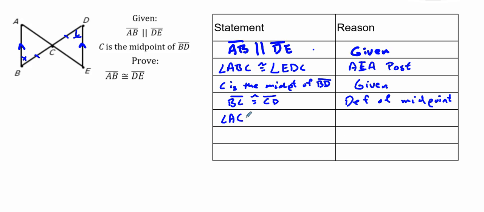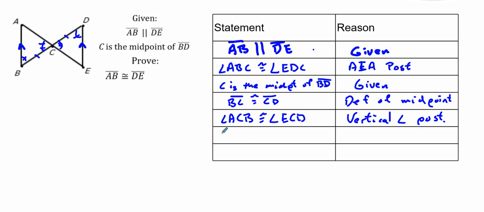We can say that angle ACB is going to be congruent to angle ECD, and we know that, I'll put those marks in, because of vertical angles. Postulate, theorem, whatever you call it, I'm not as concerned about that.